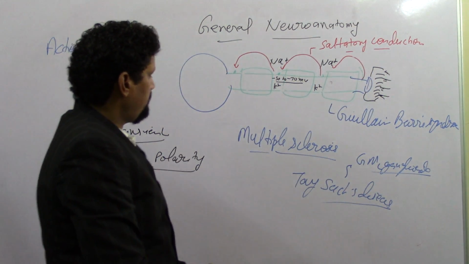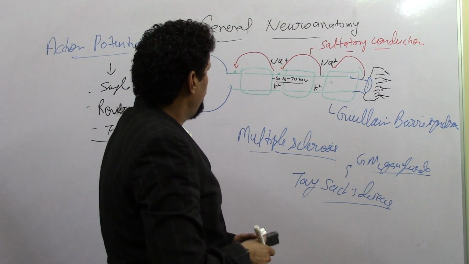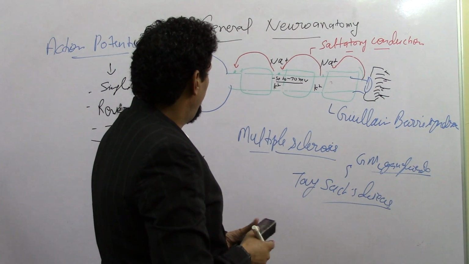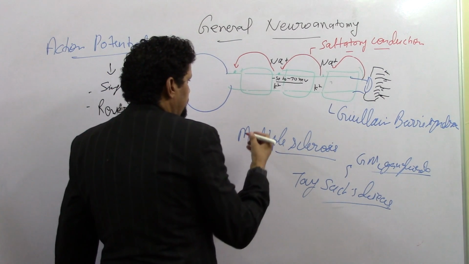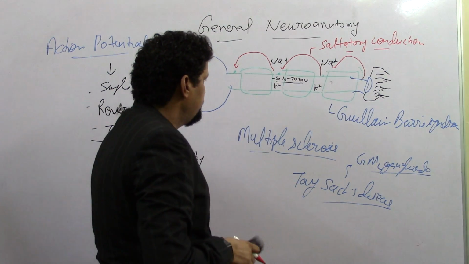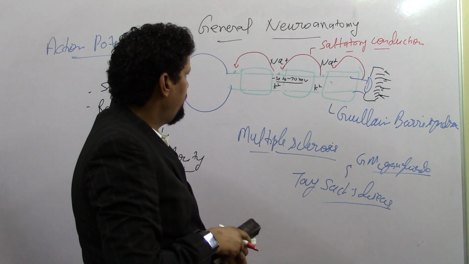And the speed of conduction in fast conduction may be many times more in comparison to the unmyelinated fibers.